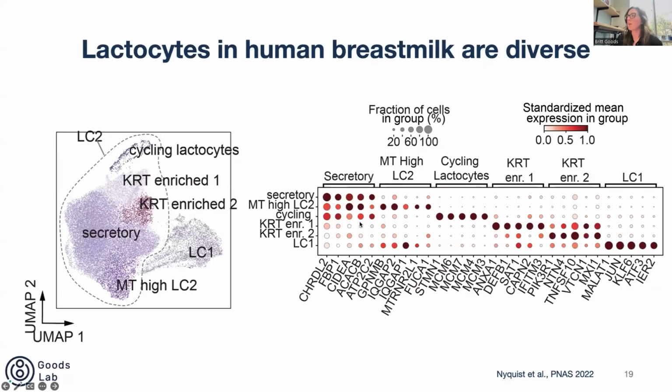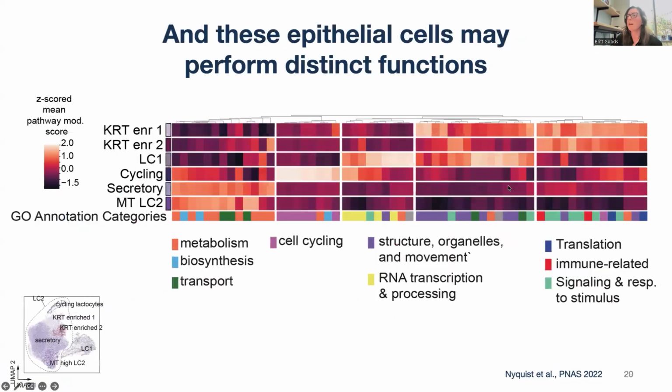We took the marker genes that define each of these different epithelial cells and we ran a pathway analysis on them. What you can see here are some of the results of that analysis as a heat map. Each one of these indicates the overall score for an indicated pathway, and then we've annotated each pathway based on what it is involved in: cell cycling, metabolism, transport, or, for example, translation or immune related.